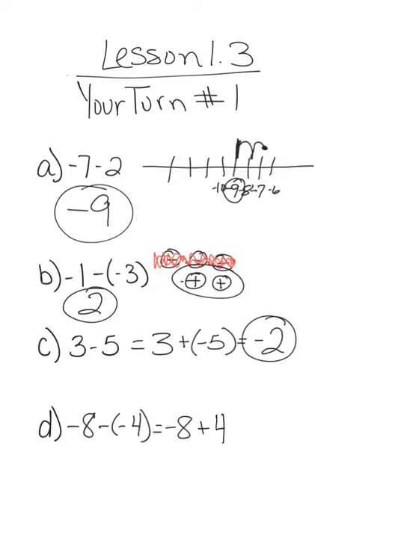So I've got -8 plus 4, which equals -4. And there you have it, your answers for Your Turn number 1.